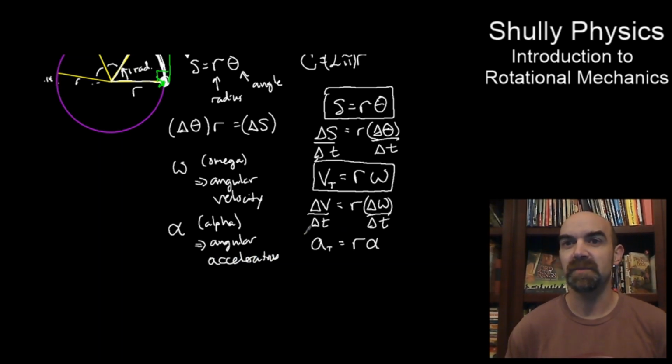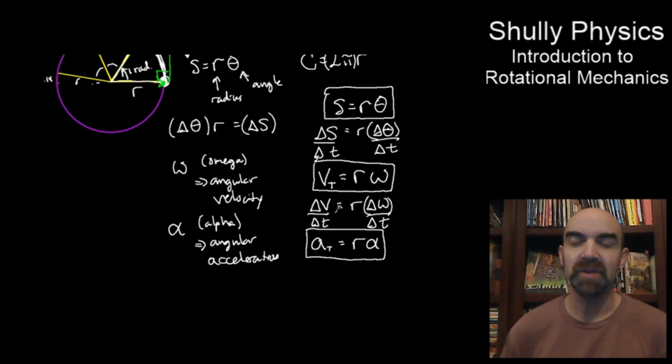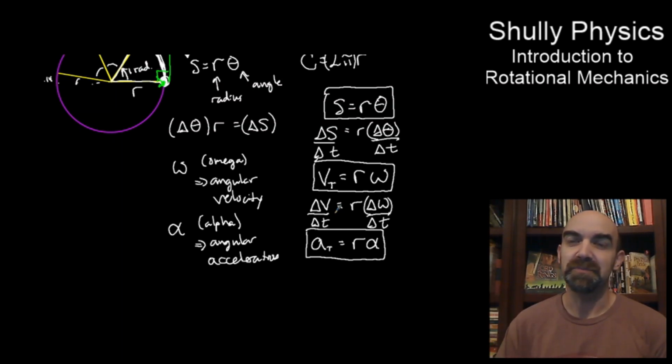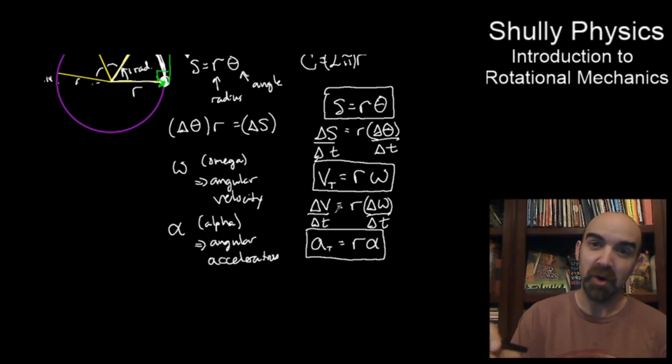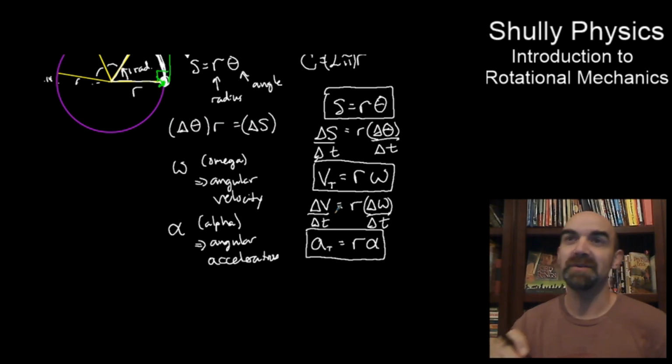There it is. So, 3 formulae there, 3 things that relate the translational motion of an object or a point on a rotating object. Let me say that again. 3 formulae that represent either an object that's on a rotating body or a point on a rotating body. What is that object's or that point's location?